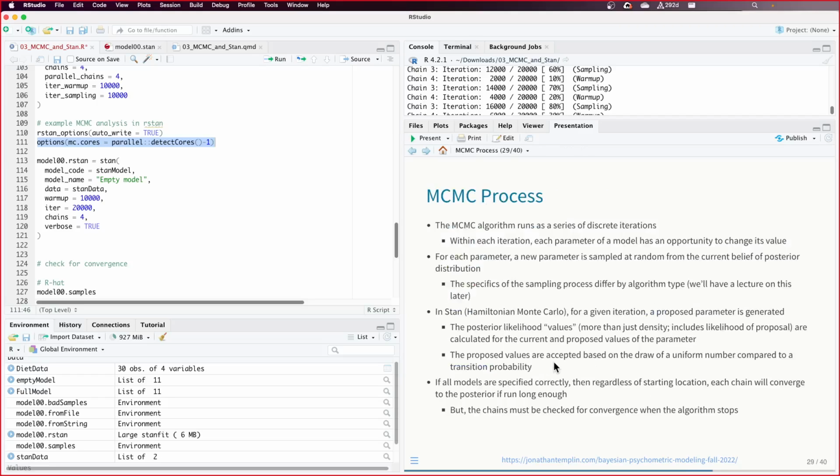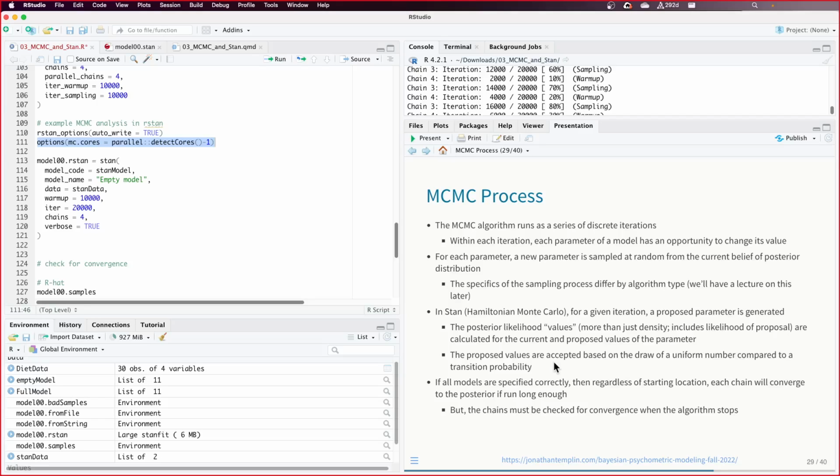All right, so how does MCMC work? As we had briefly mentioned before, it uses this series of discrete iterations. Within each iteration, each parameter has a chance to change its value.